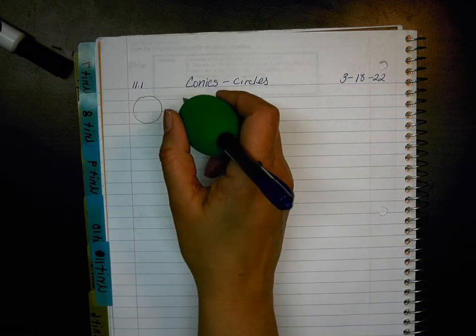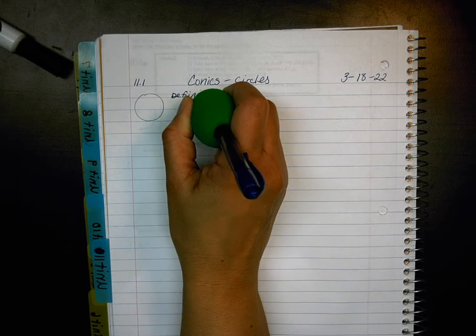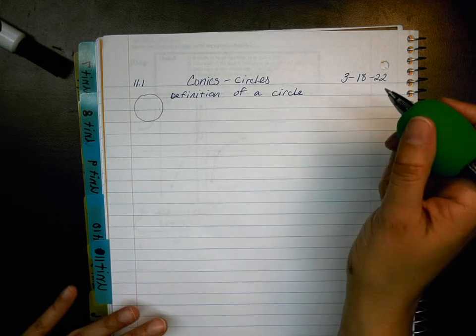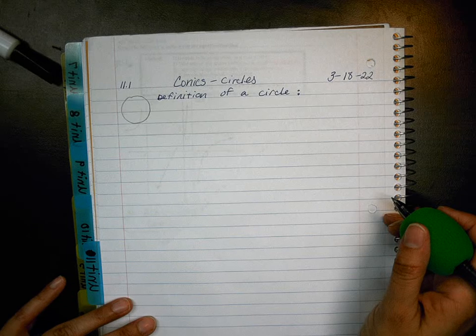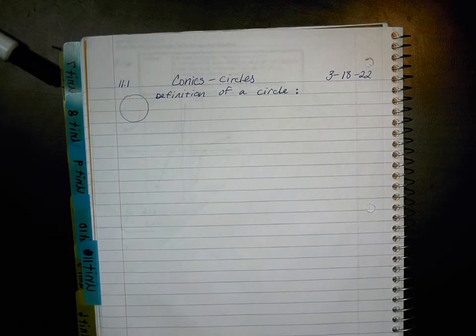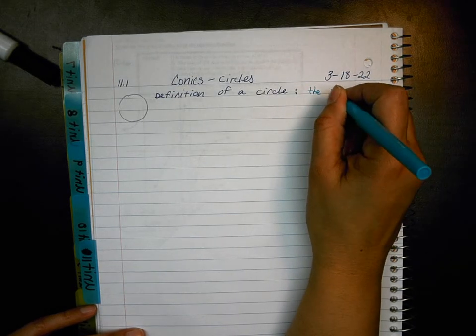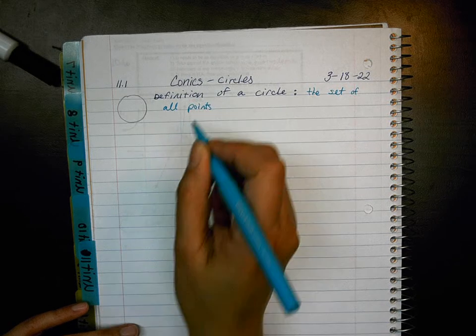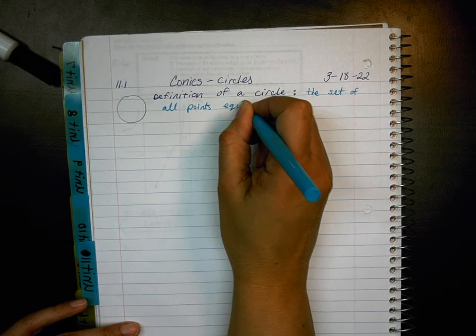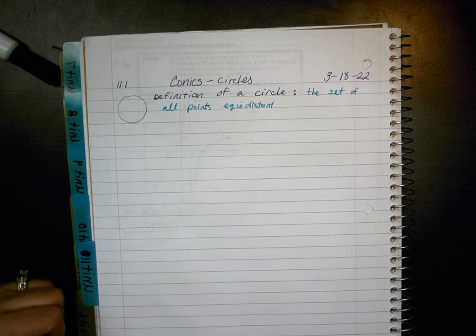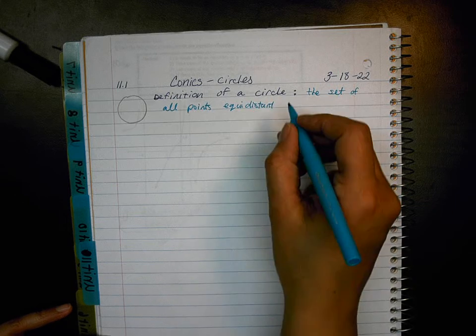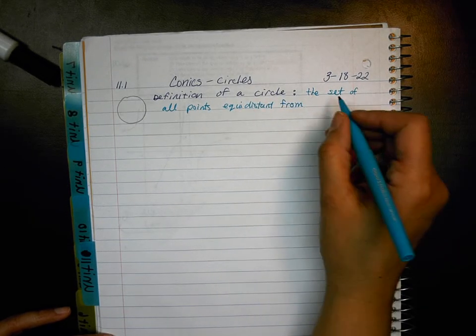Okay. Definition of a circle is what we're going to write down here. And it is the set of all points equidistant from a fixed point.